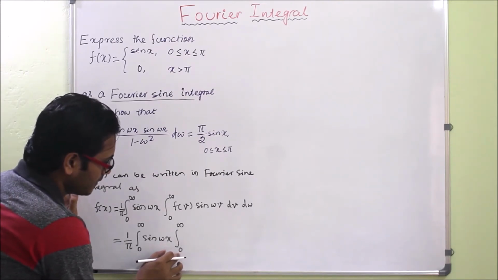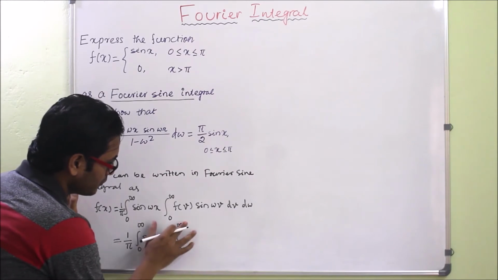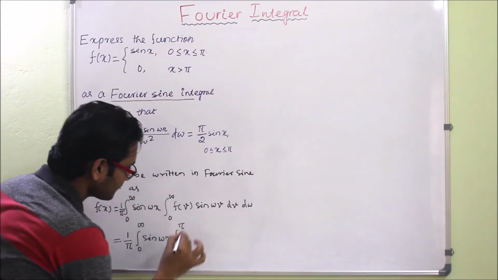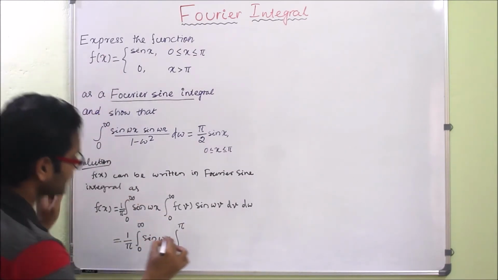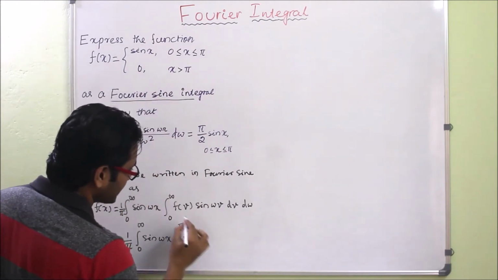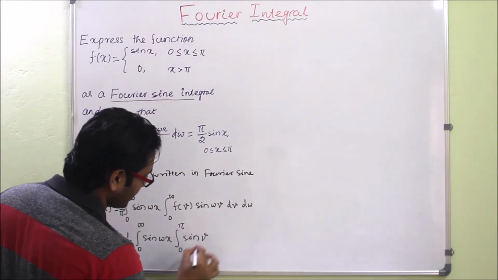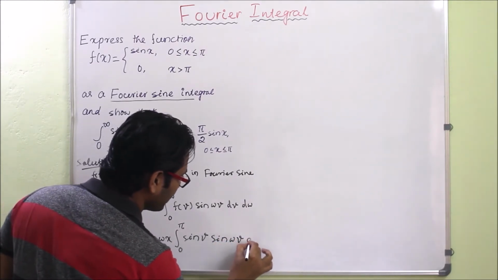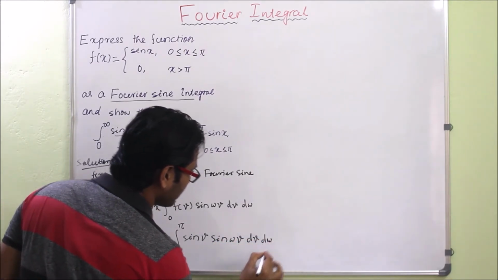The integration limit now becomes 0 to pi instead of 0 to infinity. And the function value is sin x, in place of x it will be v, sin v into sin wv dv dw.